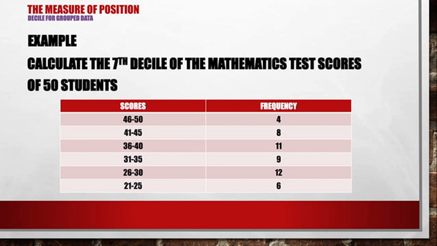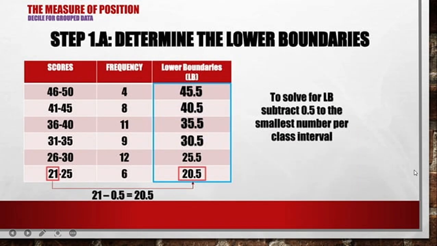So nakagrupo na ang ato data, naa tay 50 ka students. 46 to 50, upat ka estudyante ang naka-score sa math og 46 to 50. 8 ka estudyante ang nakakuha og score na 41 to 45, and so on.